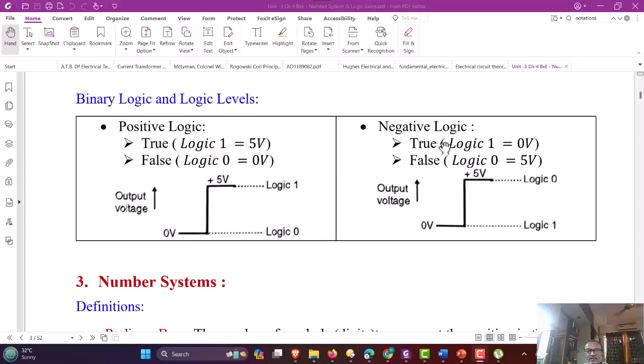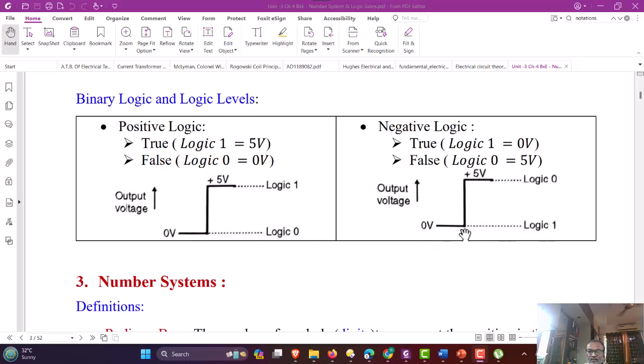Whereas in negative logic system, the role of true and false will be reversed. The true means it is logic 1, and that is represented by 0 volt in the electric circuit, and false is logic 0, and that is represented by 5 volt in the corresponding binary electric circuit. It is shown in the figure here.